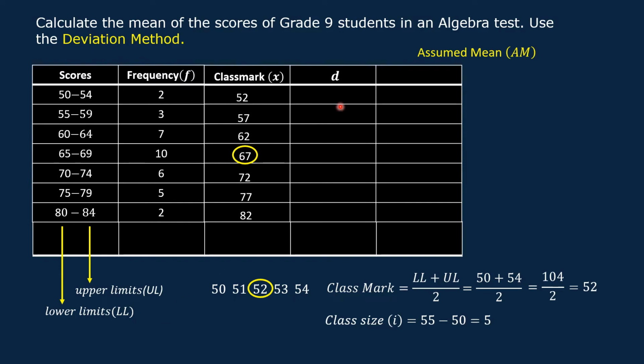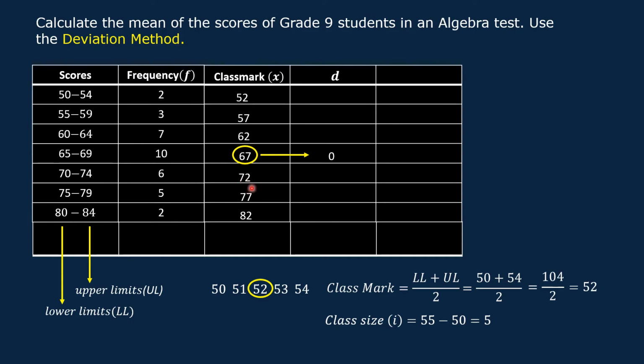To get the deviation, we subtract the assumed mean from the class mark and then divide the difference by the class size. So let us start with 67. 67 minus 67 is 0, divided by 5 is equal to 0.